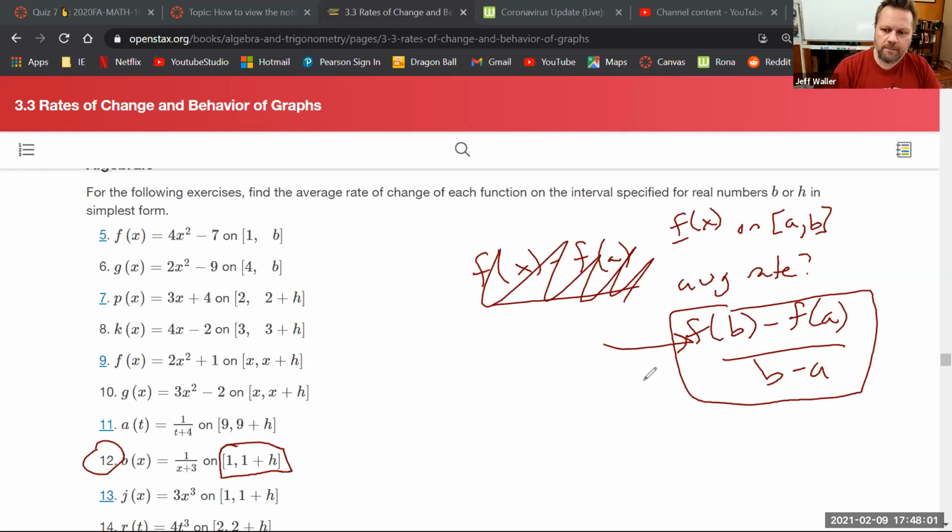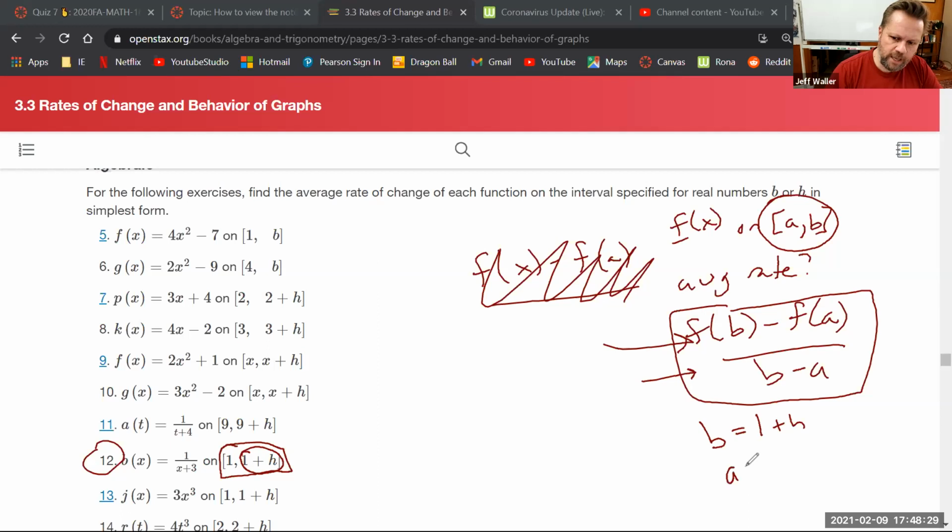So looking at my average rate of change formula, what's going to be taking the place of B for number 12? What's the interval that I'm interested in? 1 plus h. Yeah, so B is going to be 1 plus h. It's the upper part.